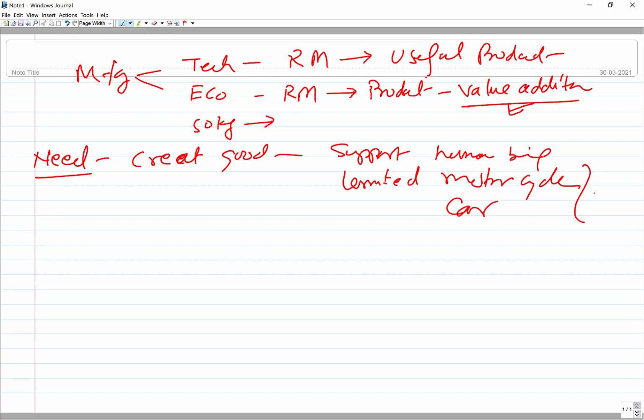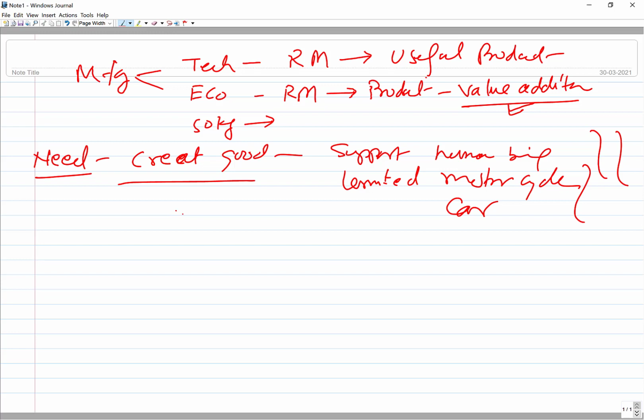So in general, by creating goods, we are simply trying to improve the standard of living, which was not there earlier. People were living in very poor conditions. So the need of manufacturing is to create goods so that the standard of living of human beings can be improved. Okay, and how is it done?